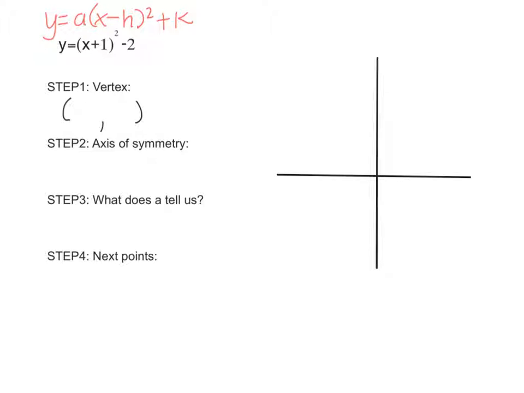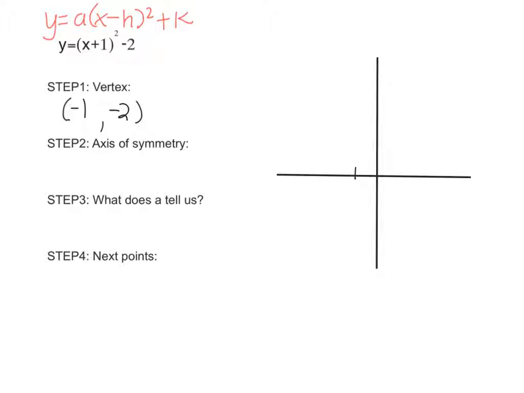So the number that gave us a positive 1 is actually a negative 1. And then we look at the y value, or the k value, in the equation that's given, and that is the y value of our vertex, and that happens to be -2. So I am graphing the point -1, -2.